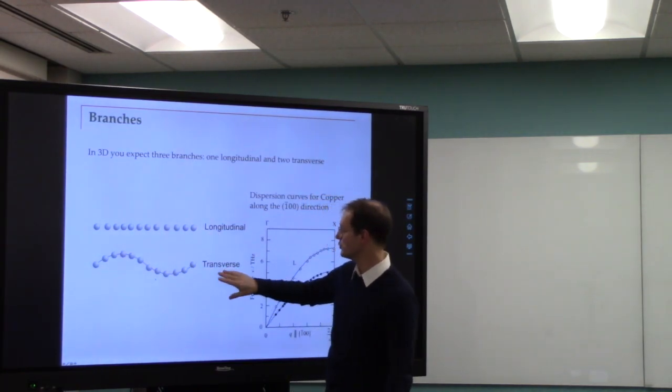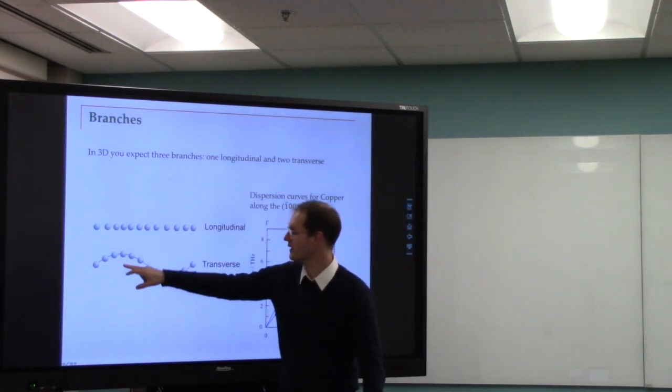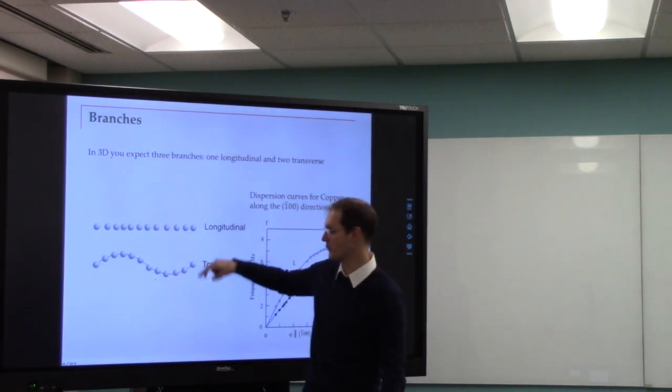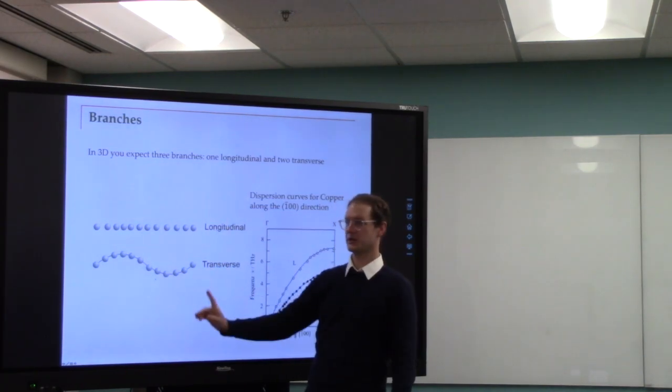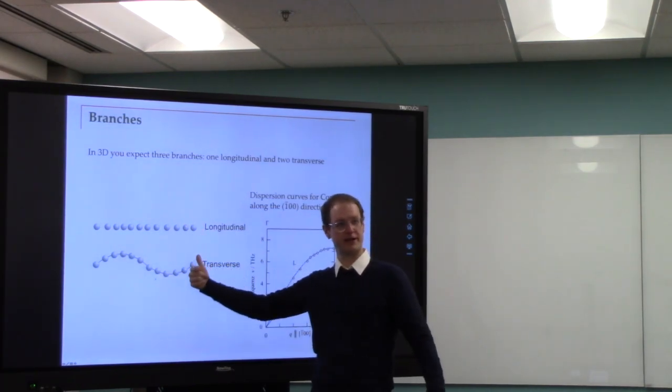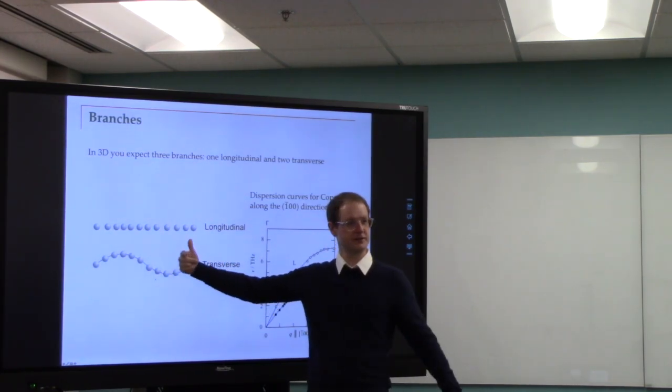And then there are 2 branches that have transverse displacements, where the displacements of the atoms are perpendicular to the propagation of the wave. So you can have one transverse wave in the y direction and one transverse wave coming out of the plane of the screen in the x direction.